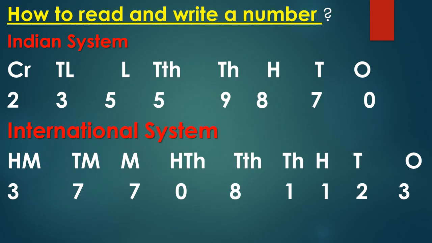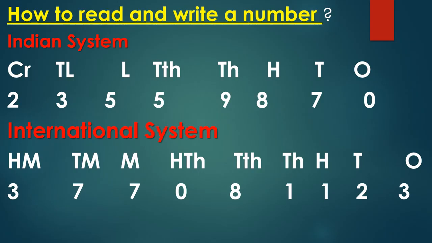3 at 100 million place, 7 at 10 million place and 7 again at million place. So it will become 377 million. Okay, because million, 10 million, 100 million all will come in one period, that is million period. So it is 377 million 81,000. 100 is 0 here, 100,000 is 0.